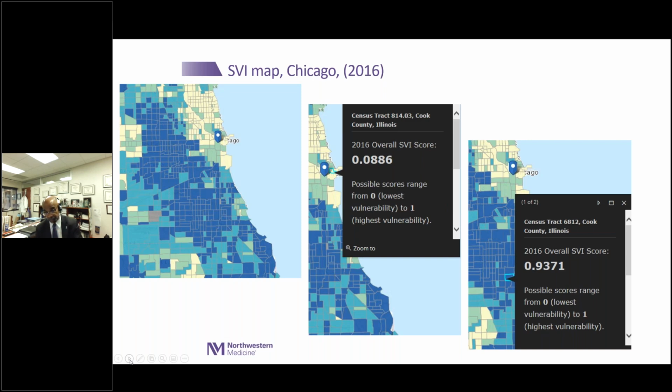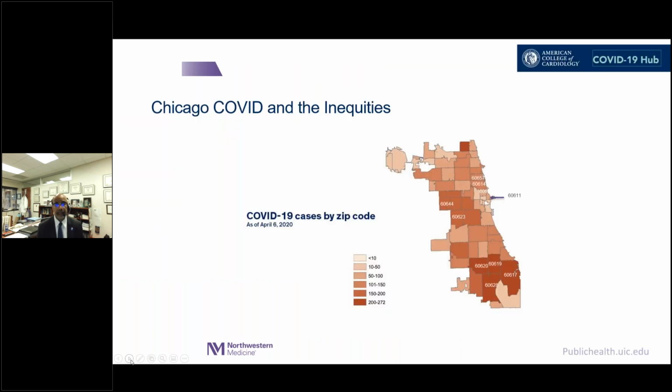And we especially know that these areas with the highest vulnerability are the areas that have really withstood the brunt of COVID-19. So these are those same areas, those same zip codes to which I referred again, where there is the density of the COVID-19 cases.